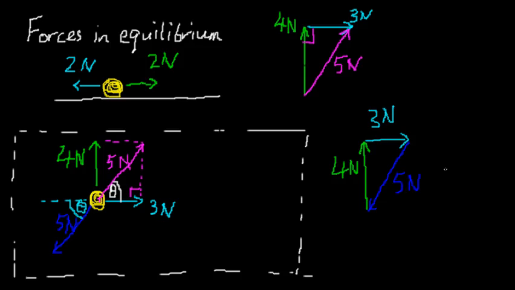So we describe this picture by calling it a vector triangle. A vector triangle. So what is this idea?